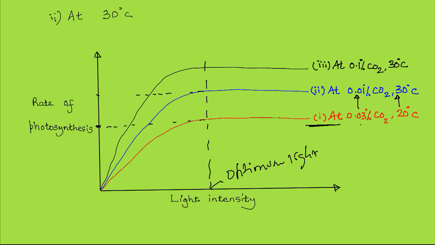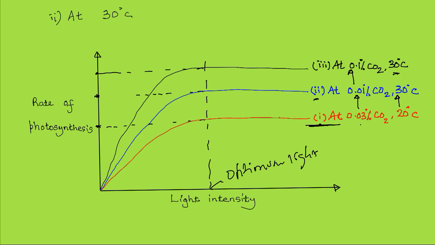So remember, photosynthesis requires optimum level of the factors that are involved in the process. That factor, which is at its lowest point, will be limiting the process. So the only way to increase the rate of photosynthesis at any one given time is to increase the level of that factor whose magnitude is at its lowest point.